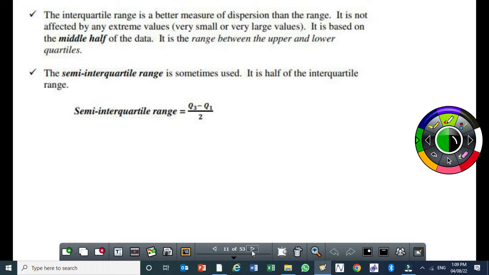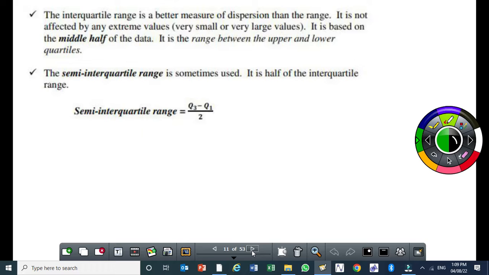That person is an extreme value compared to the rest of the class, and we call that value an outlier. So the interquartile range is generally not influenced by extreme values, whether they are very small or very large.